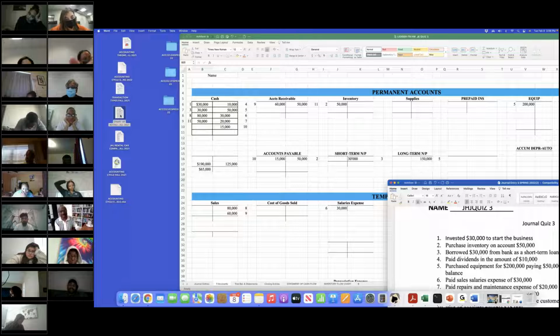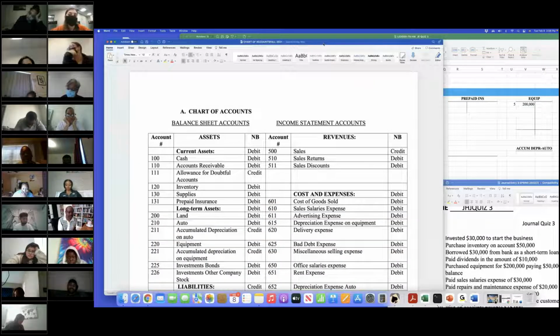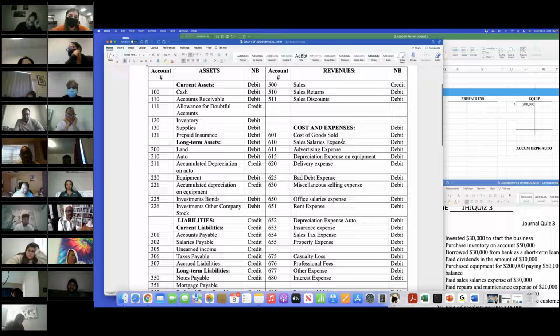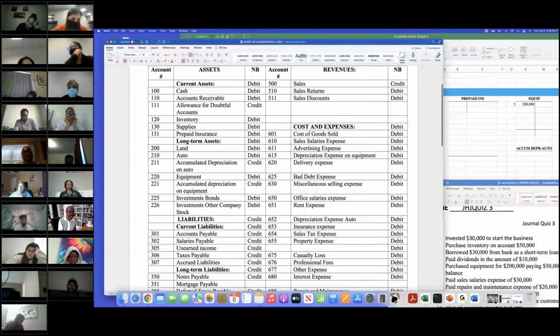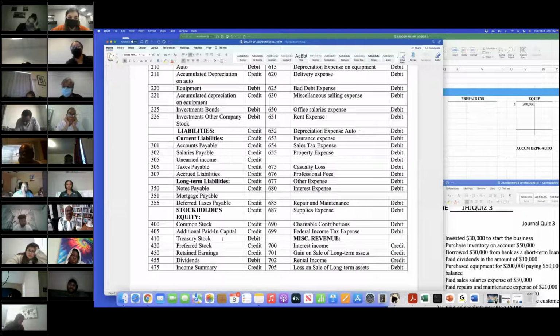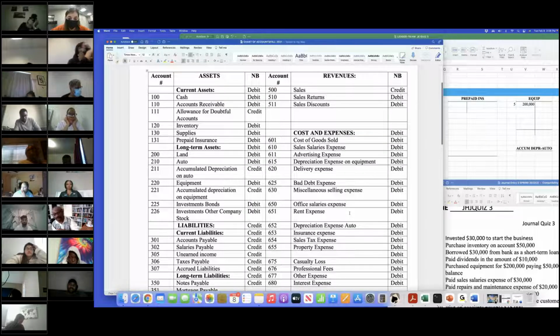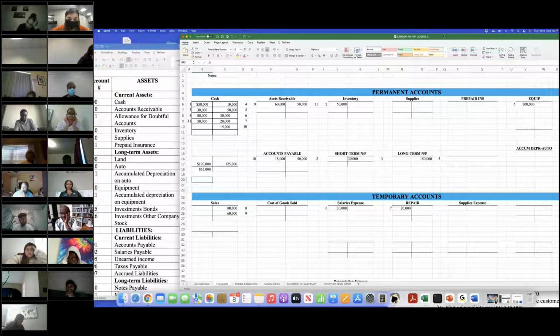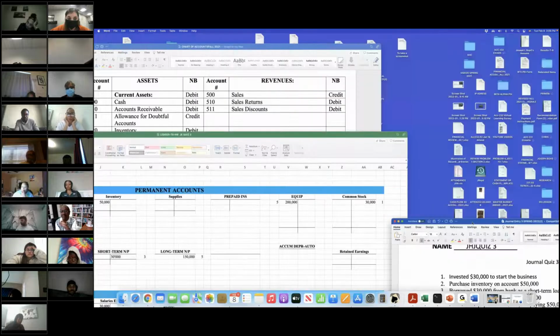So this is your chart of accounts. You are to prepare your trial balance in this order: assets, liabilities, stockholders' equity, dividends, then the revenues and the expenses. For those of you who chose not to do that, as I told you, I'm taking off 2 points just for that. I told you to put them in that order. And you'll see why in a few minutes.